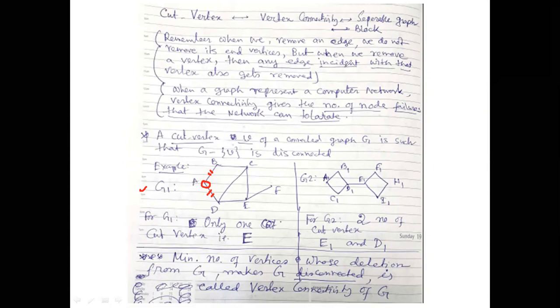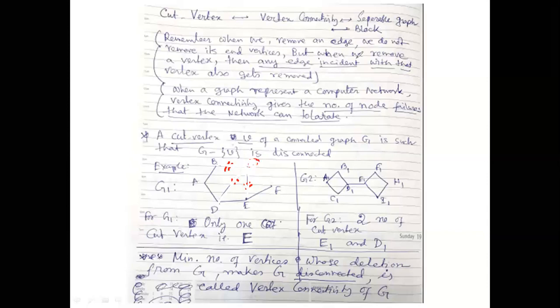Let us try C, arbitrarily. If we remove vertex C, these three edges will be disconnected. Again, that does not mean the total graph is disconnected, because if we remove these, the graph is not disconnected, and C will not be there.